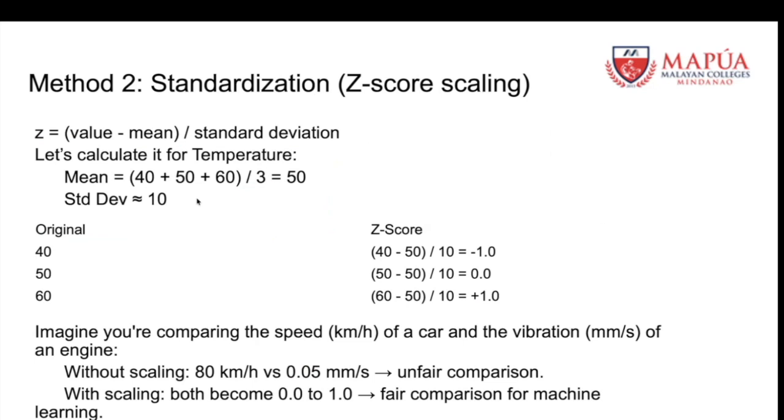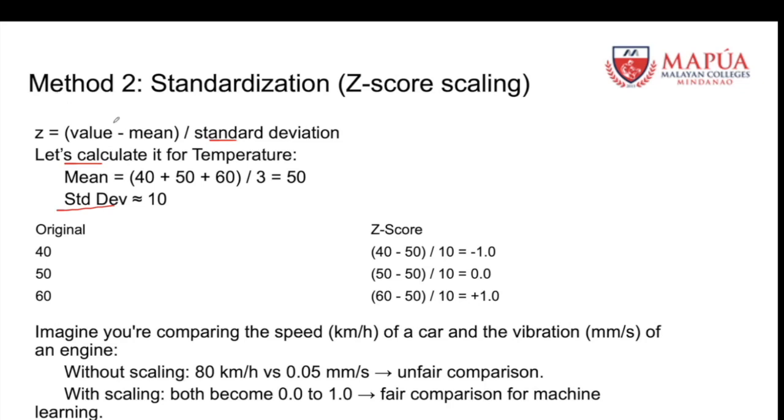So for method number 2, which is the standardization or the z-score scaling, we use the value of z equals value minus mean divided by the standard deviation. That is why the statistics in data science is very much important. Using the formula to calculate for the temperature, we can get the standard deviation of 10.